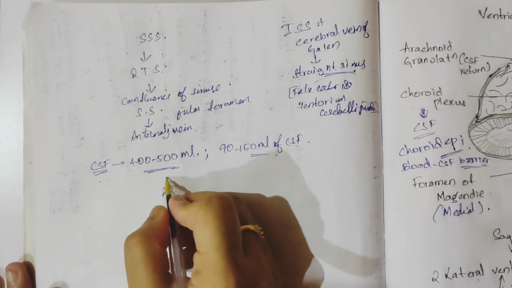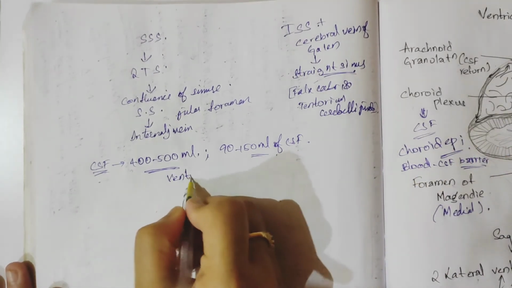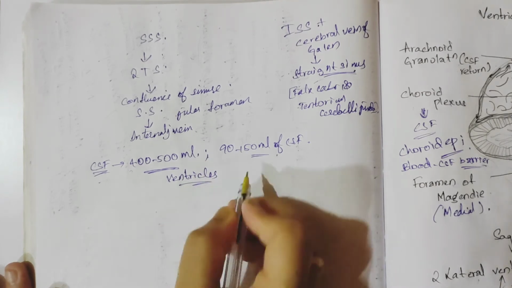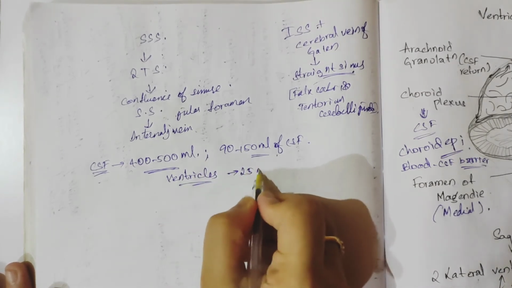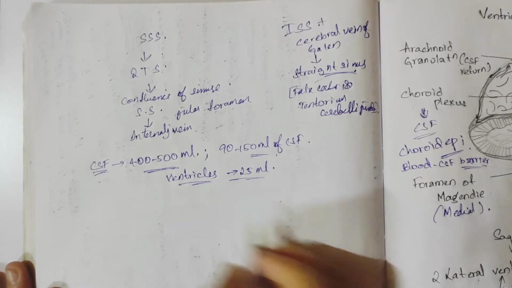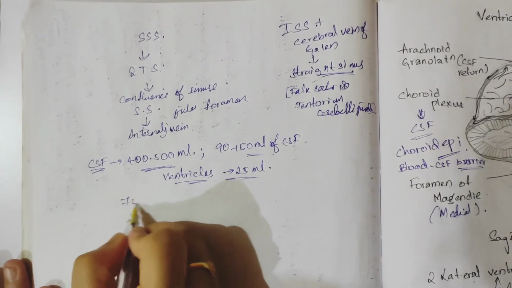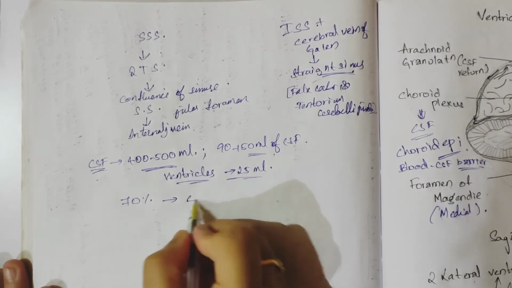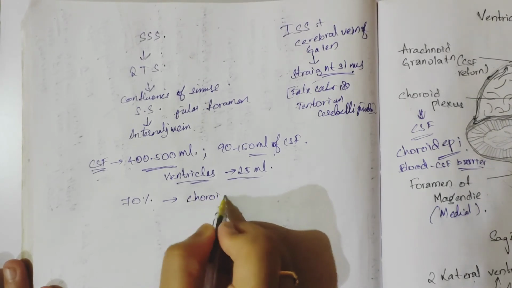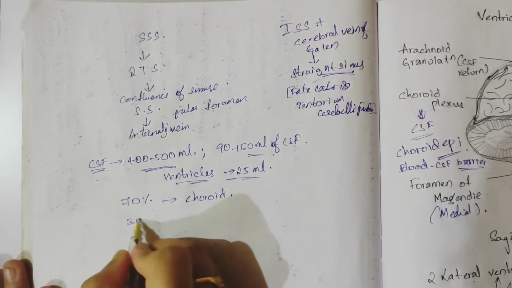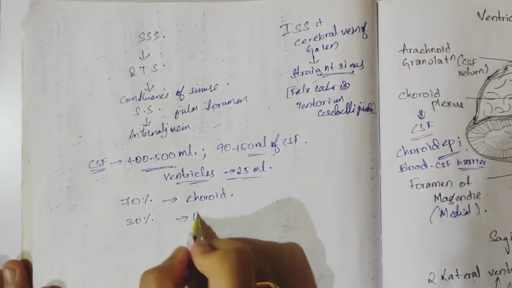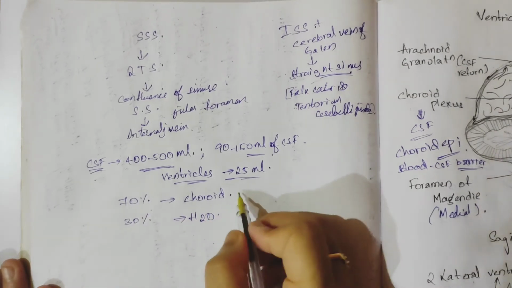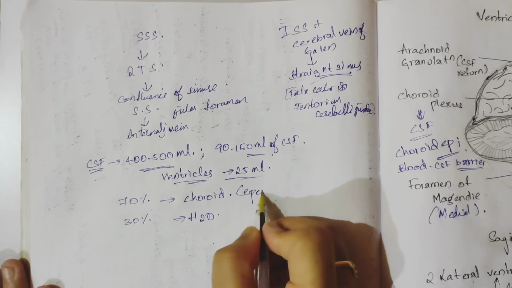We can see 70% is produced by the choroid plexus, and the remaining 30% is nothing but water. The choroid plexus also has ependymal cells.